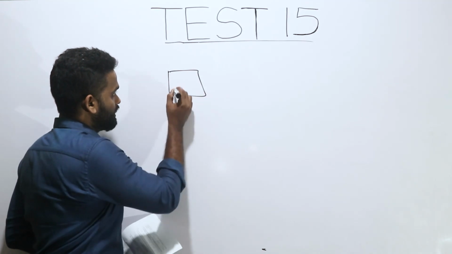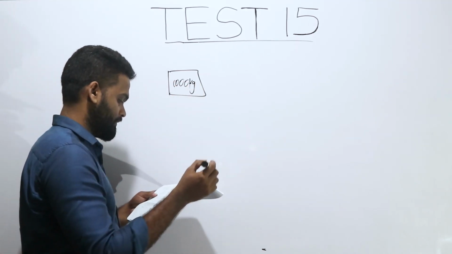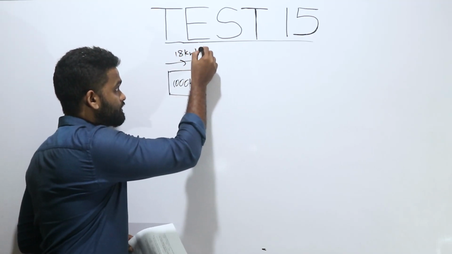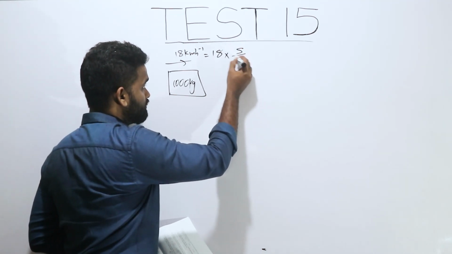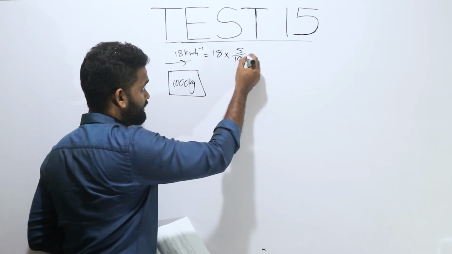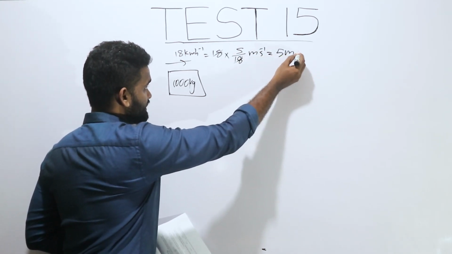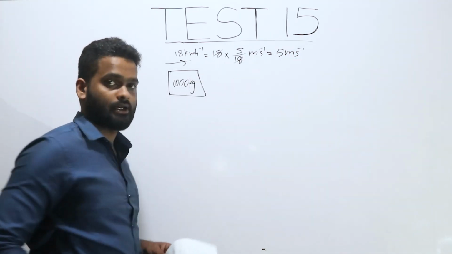So we have this car that is 1000 kilograms and it is moving at 18 kilometers per hour. Just convert it into meters per second, so multiply by 5 over 18. So that is 5 meters per second actually. That is the velocity of the car.